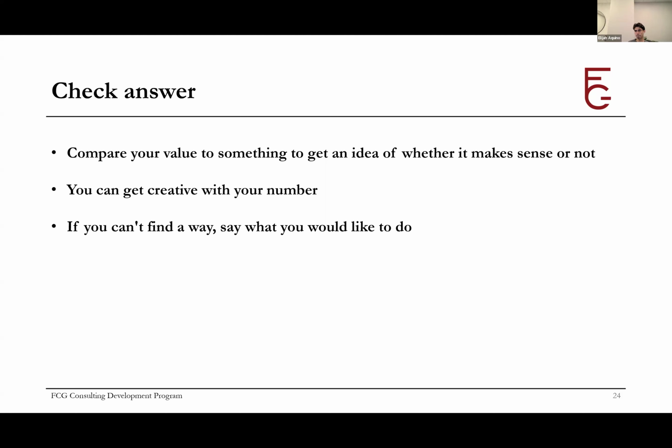I would also say, try to think about ways that you could actually make sense of the market size number that you gave. And if you can't find a way, say what you would like to do. You want to be a consultant who checks their numbers to see if they make sense. So if you can't get creative with numbers, say what you would like to do, or say that you would try to compare it to some type of data metrics.